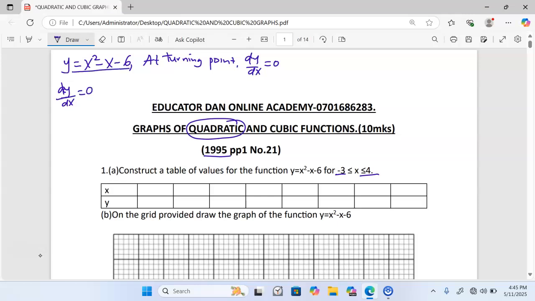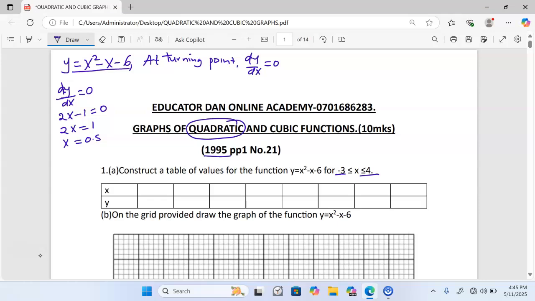If we differentiate this function, we get 2x minus 1 equal to 0, meaning 2x is equal to 1. So x is equal to 0.5 when you divide by 2 on both sides.